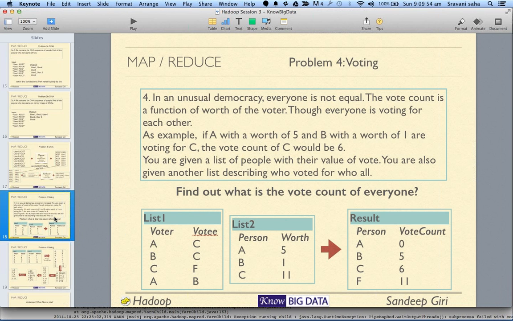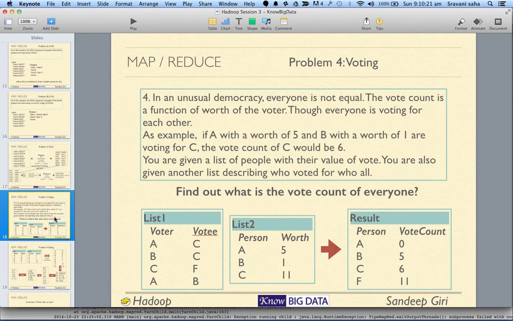That kind of join is not possible. Joins are only possible on top of keys, right? To understand why that happens, it is important to understand how you would do a join using MapReduce. And this problem, the fourth problem, basically explores the join of two big files, right?